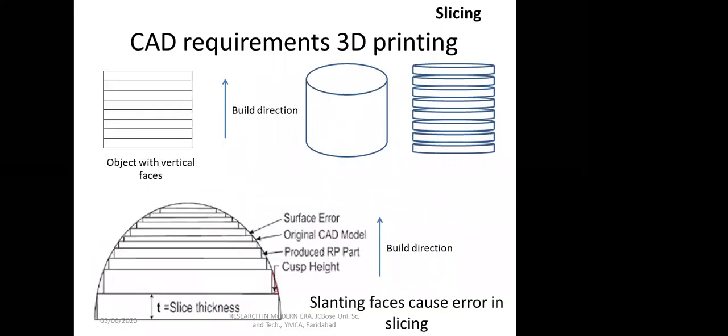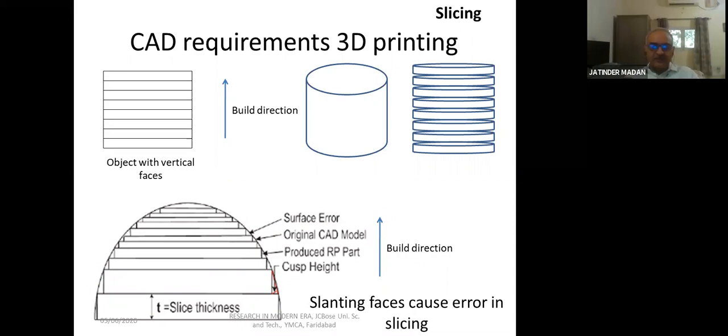So in slicing, you have this slice. For example, this is a cylinder basically, and you have these many slices. You see so many rings. So it is perfect, it is all vertical. The moment you change the shape from perfectly cylindrical to some kind of curvature, for each layer you have this kind of information.